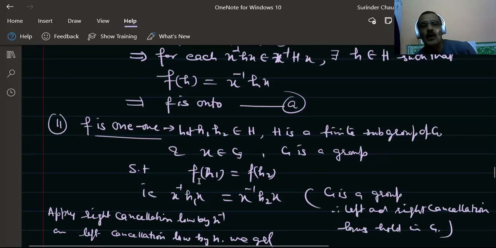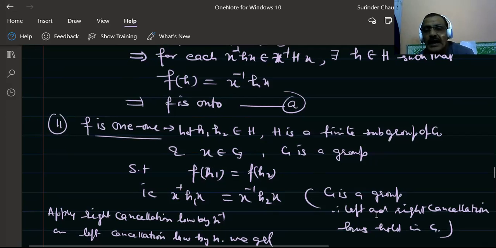We have to show h1 equals h2. So let's substitute h1, h2 from the domain H. Now, what are their images? By definition, they are x inverse h1 x and x inverse h2 x. So x inverse h1 x is equal to x inverse h2 x.